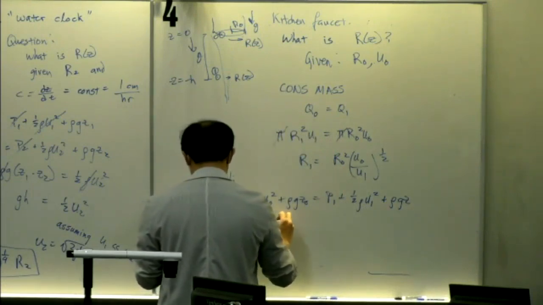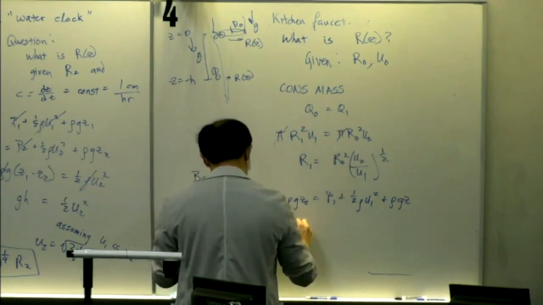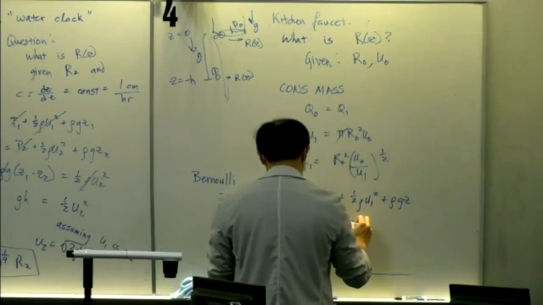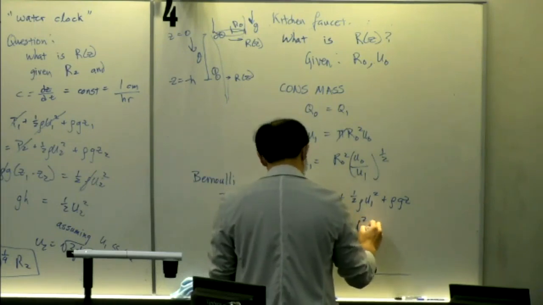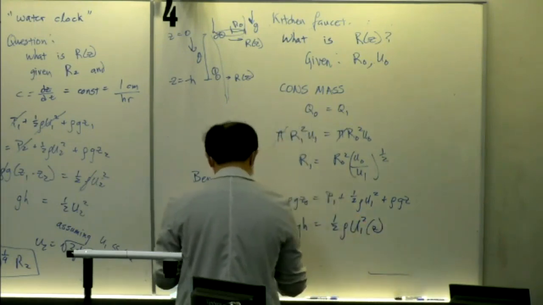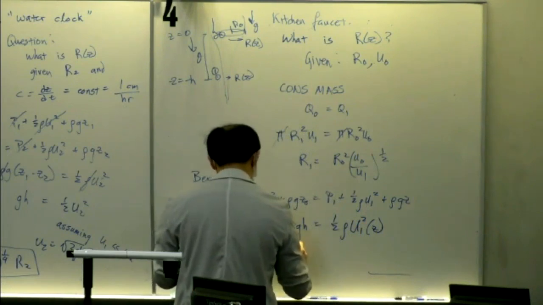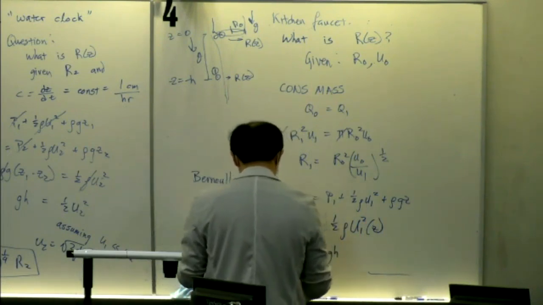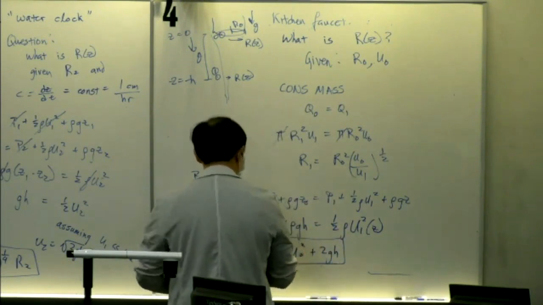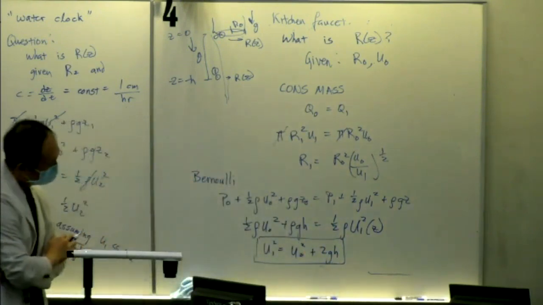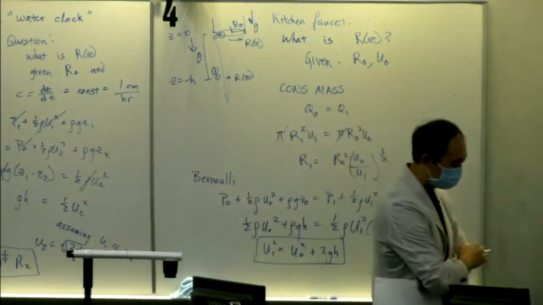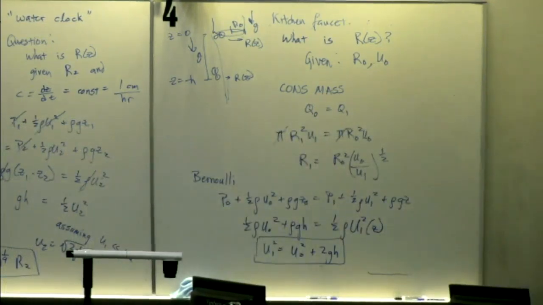The next thing is a free jet everywhere, so the pressures are all going to disappear uniformly. But very similar to the last one. The velocity later is whatever the initial velocity is plus whatever extra acceleration you've gotten from falling in height.